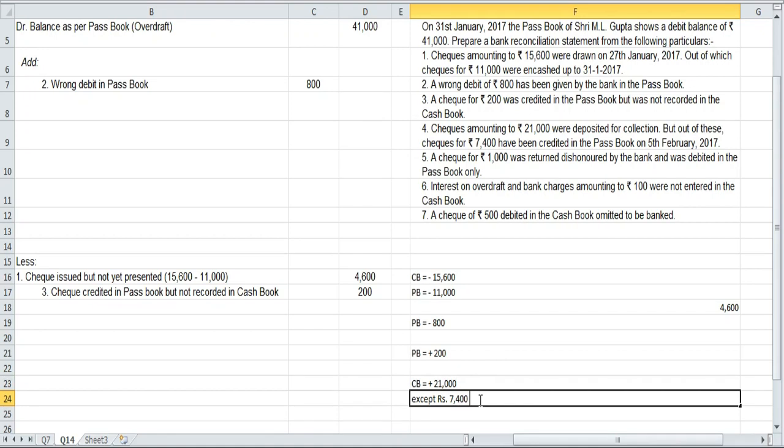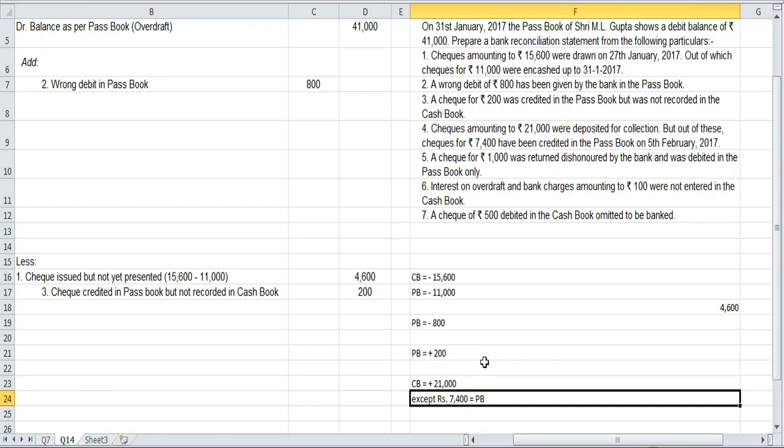Okay, so your passbook has deposited all the money except this money which was deposited in the month of February. So your cash book is showing a difference of 7400 because that 7400 is credited in the month of February. So your passbook is still less by 7400.